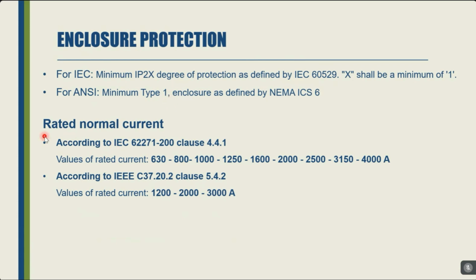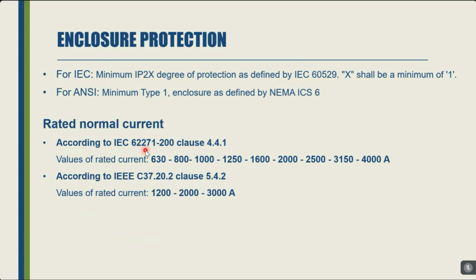Now, what are the specific currents? We have seen the specific voltages, short circuit withstand time, and short circuit withstand current. We have seen the power frequency withstand voltage and lightning impulse withstand voltage for specific voltages. Now, it's also important to understand the standard current ratings that the manufacturer can offer as specified in the IEC and IEEE standards.